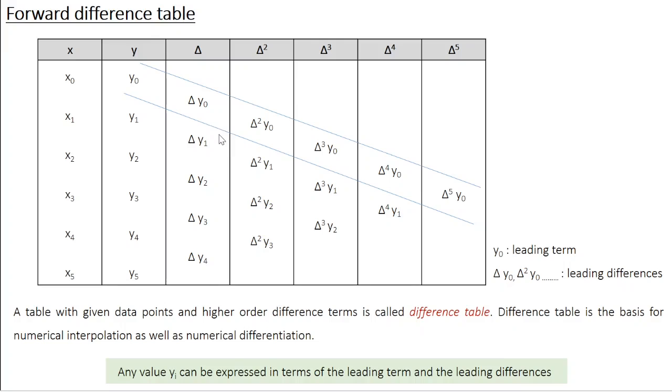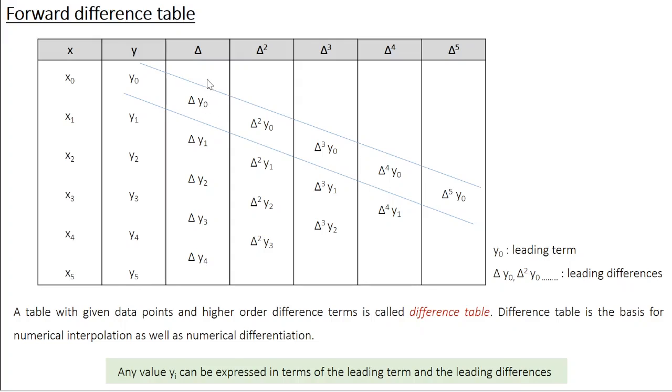So this is true for all the successive difference terms. As the order of the difference term increases, the number of elements decreases by 1. So as the order increases, the number of terms decreases by 1.